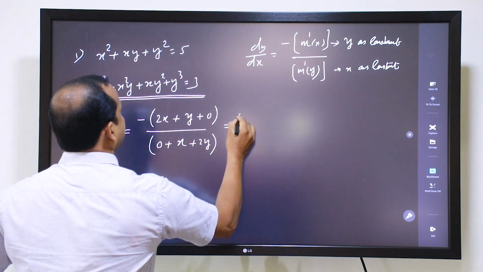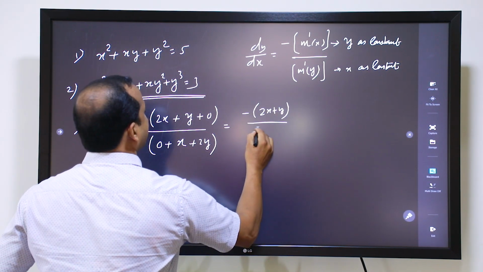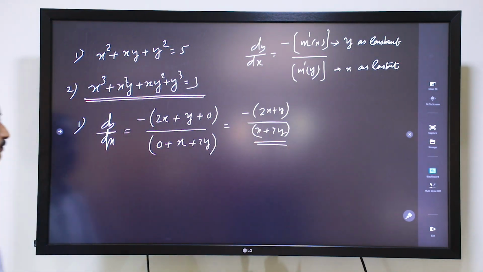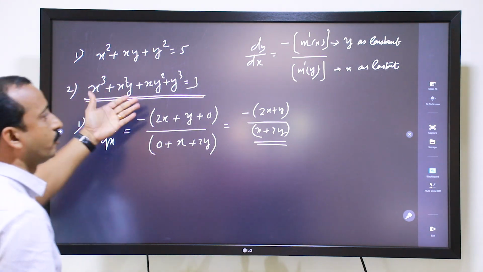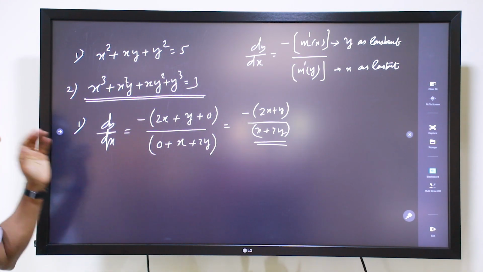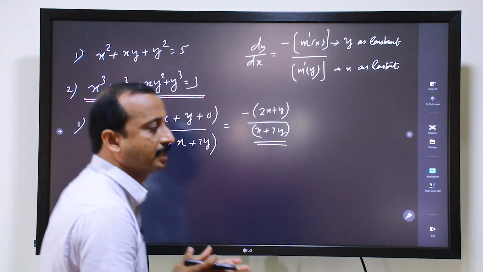That is, we get the answer minus of 2x plus y the whole divided by x plus 2y. It is very easy. Otherwise we take 3 or 4 steps for getting the answer. Remember, this is only for MCQ questions.